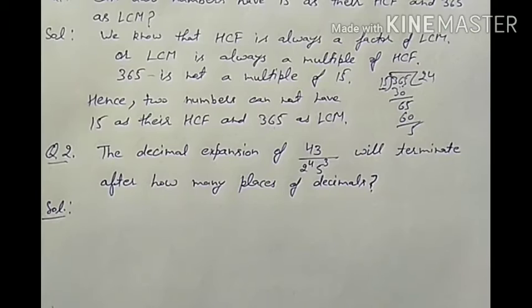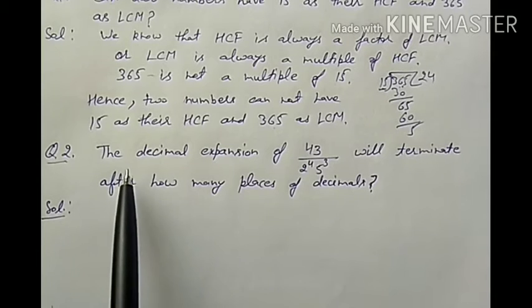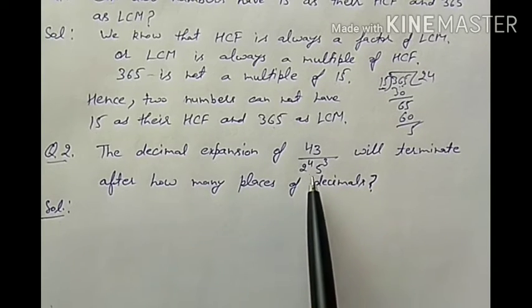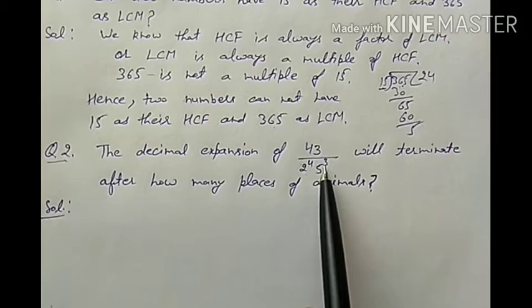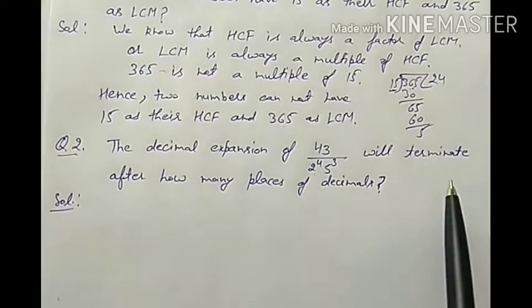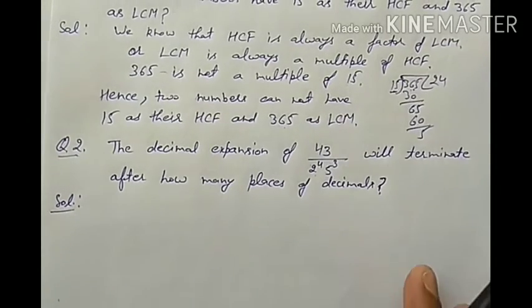Question number 2 is, the decimal expansion of 43 over 2 raised to power 4, 5 raised to power 3 will terminate after how many places of decimals?